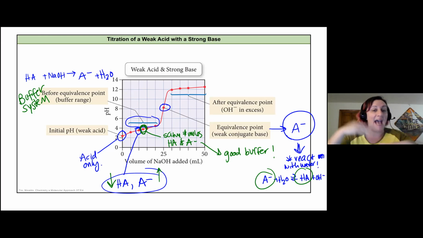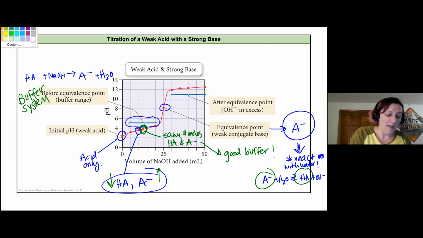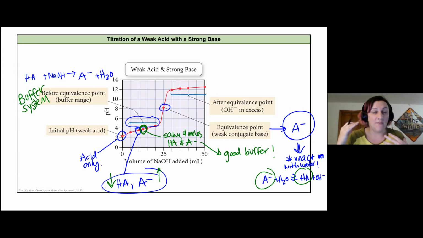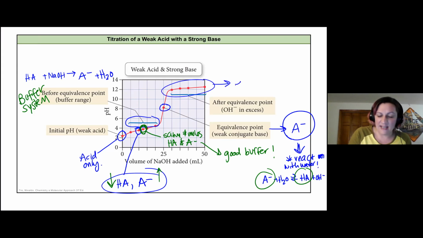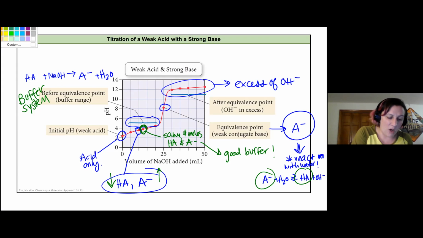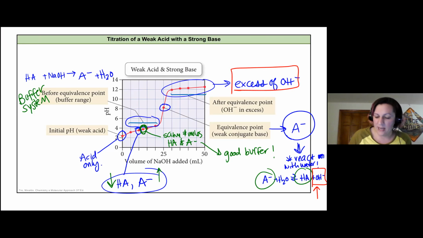Now, as we keep adding sodium hydroxide, what we're going to see is that the solution becomes very basic very fast. And so here we have an excess of hydroxide ions. So that increases our pH. When that happens, thinking about our equilibrium that was at the equivalence point, we're really increasing the hydroxide as we add more sodium hydroxide.